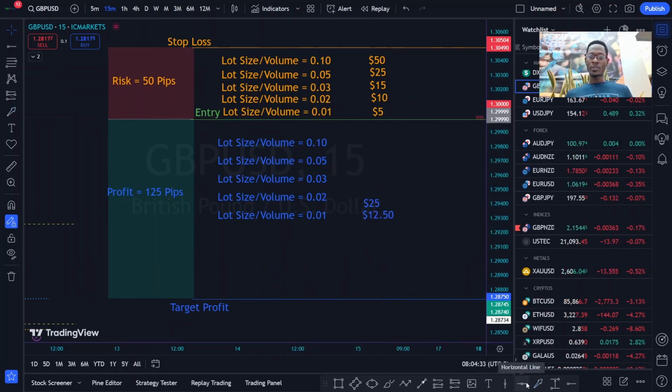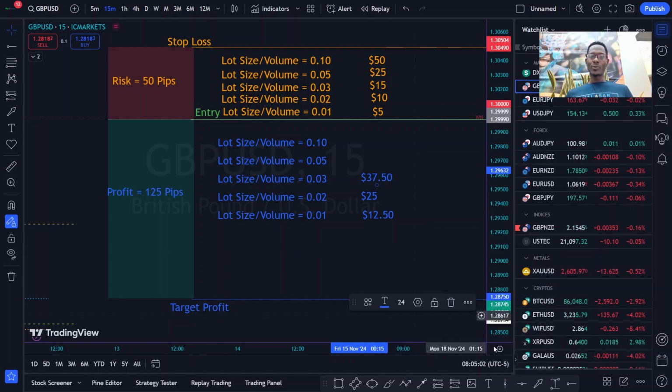So for a 0.03, what are you going to gain? You're going to gain $37.50 for this investment. Let's move this here. And now, for a 0.05, what are you going to gain for this?